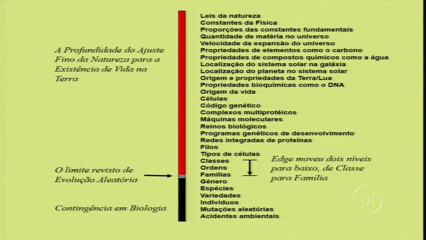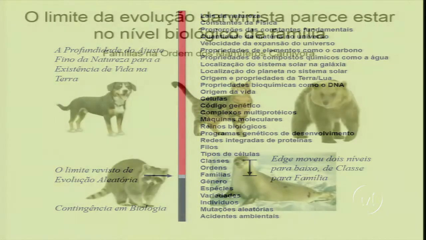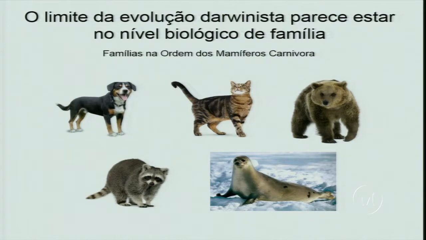This is kind of like a logarithmic scale, so this narrowing of it actually represents the ability of evolution, descending from making fish versus birds to be able to make a few changes in the Galapagos finches and other such things. So this, I think, is the edge of evolution, the family level, such as cats and dogs and bears and raccoons and seals in the mammalian order.